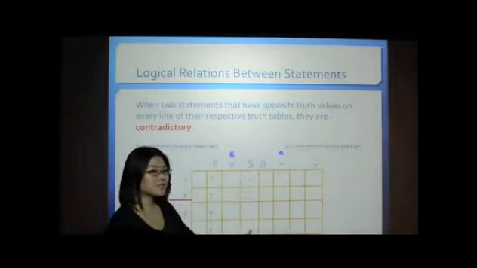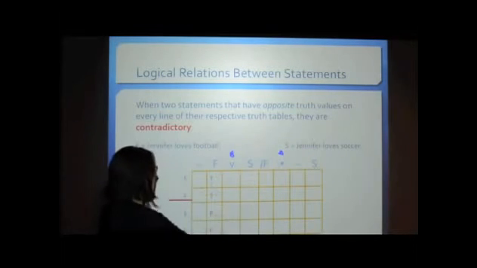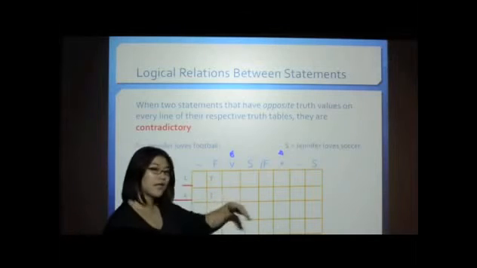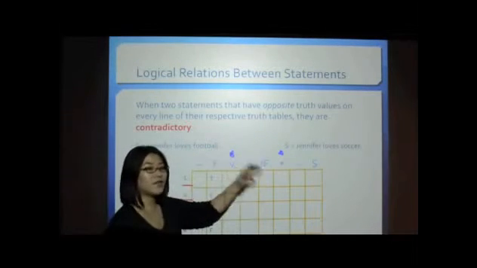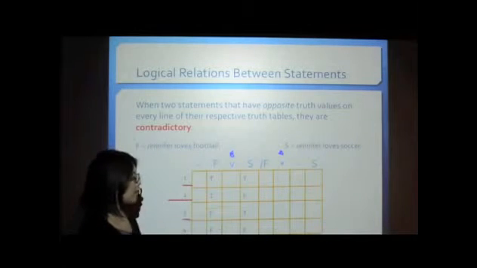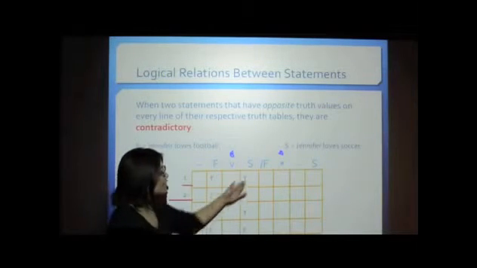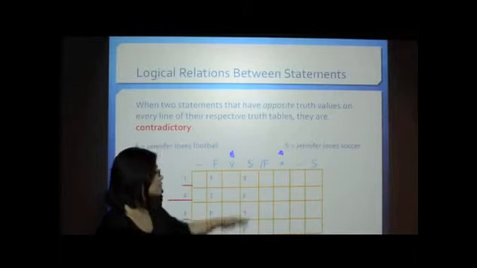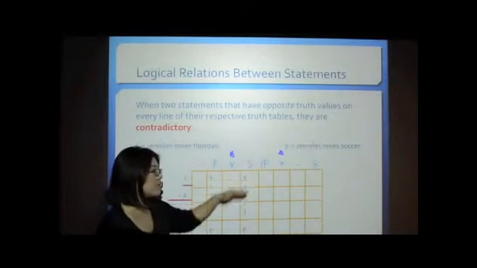Then, for the next distinct variable, we cut the halves in halves. So now we have quarters, and we alternate every quarter, starting with true, then false, then true, false. This is the last distinct variable, and we know we've done the initial distribution correctly because we're alternating in every row, true, false.